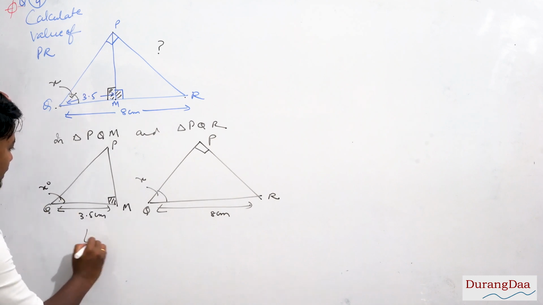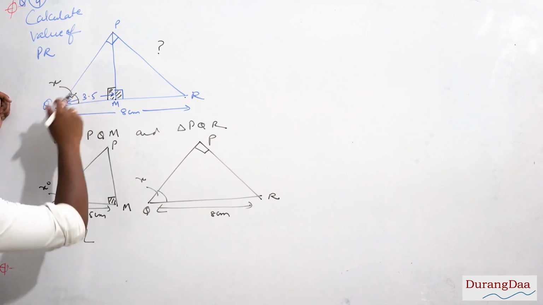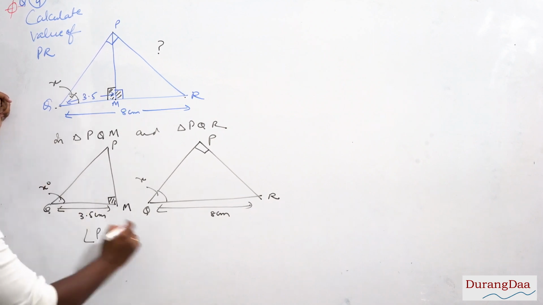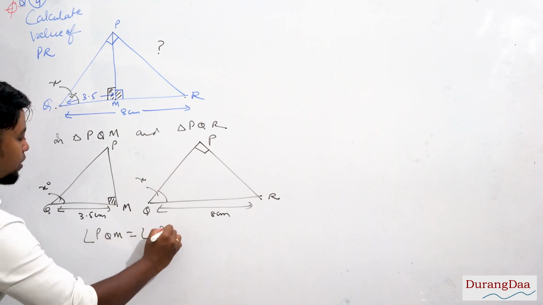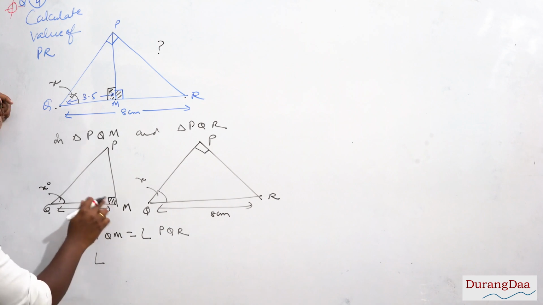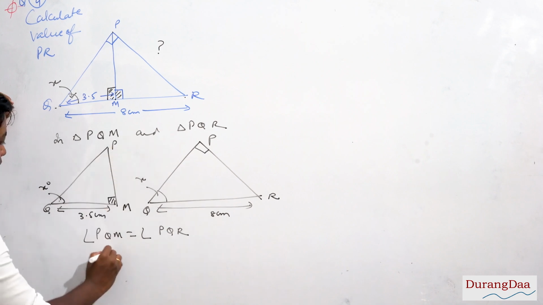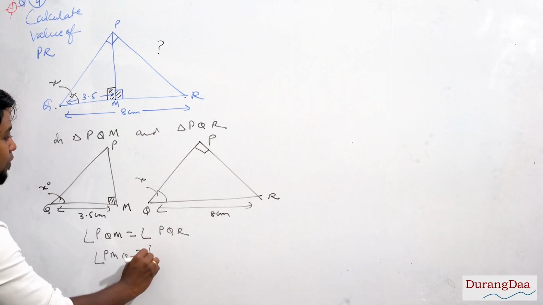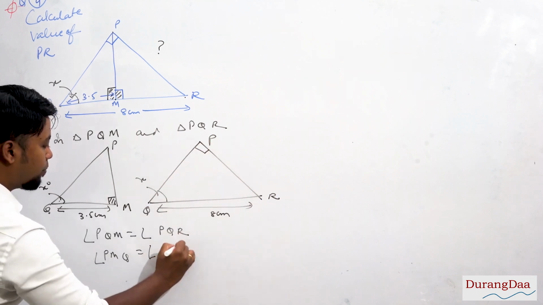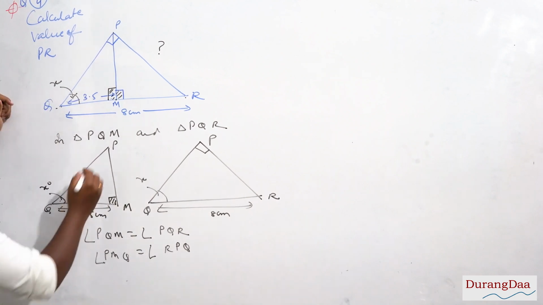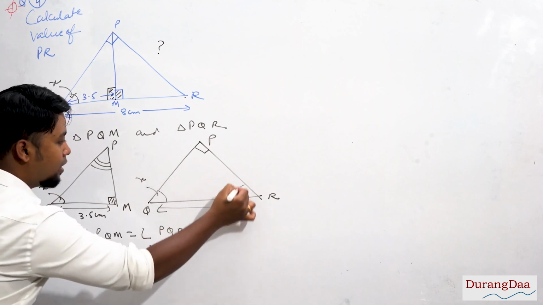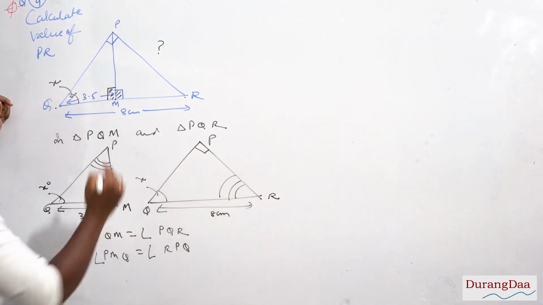First I am writing for this smaller triangle: angle PQM, which is x, is equal to angle PQR. Second, I will take the 90 degree one: angle PMQ is equal to angle RPQ. Finally, already you know that the third angle will automatically be equal, because we already have two angles equal.